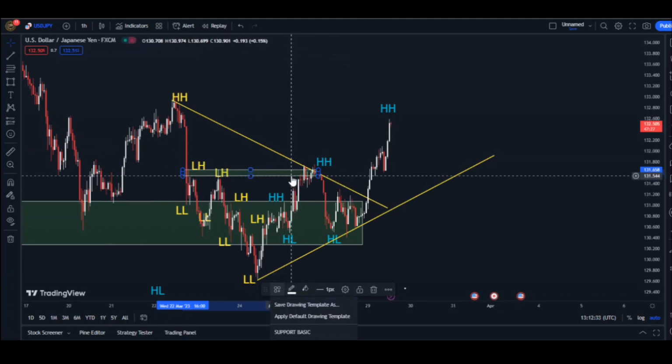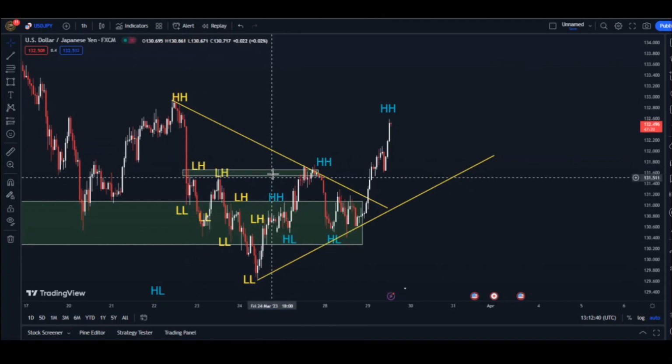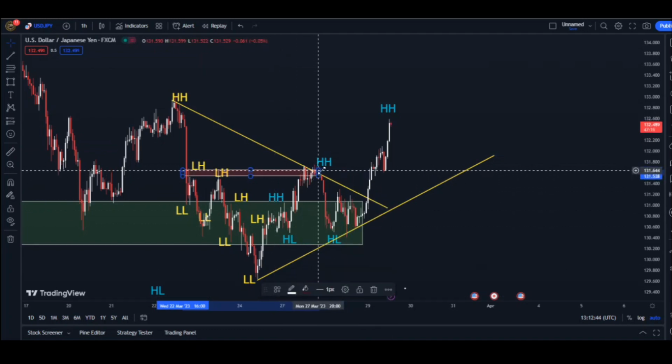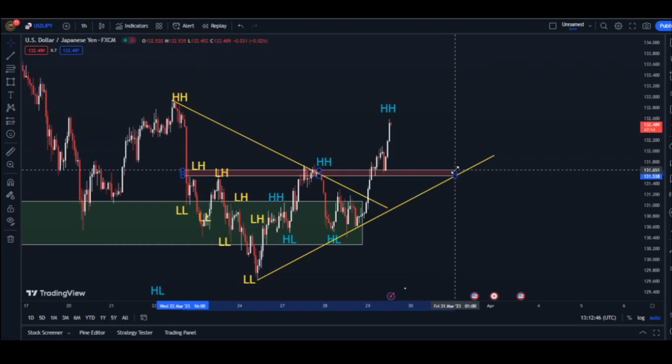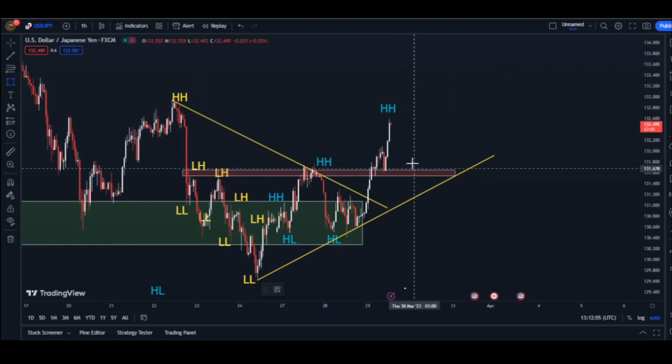A broken resistance becomes what? A new what? New support. Right? So basically, this will be our HPT zone from this level.